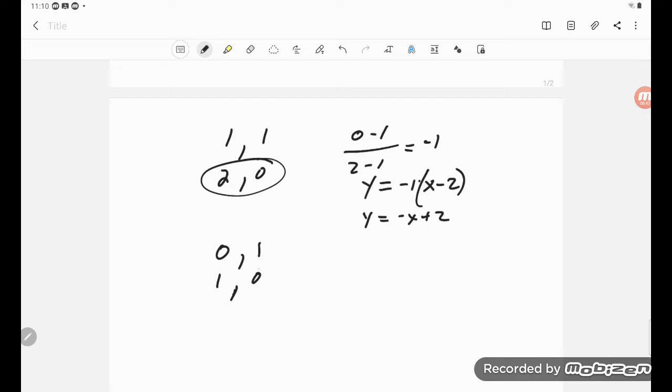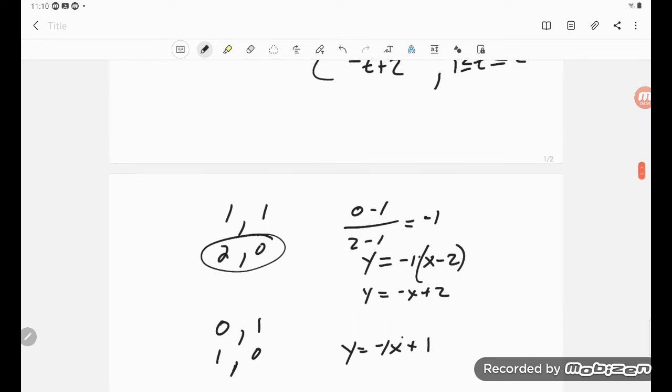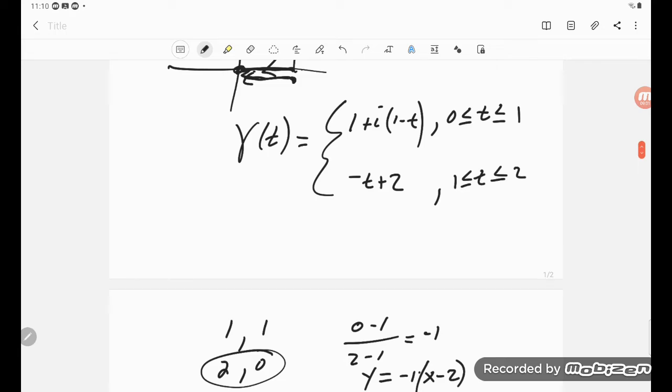So the slope here is negative 1 as well, and I'd have y equals negative 1x plus 1, a y-intercept of 1, or in other words, minus t plus 1, which is what I've got here, 1 minus t.